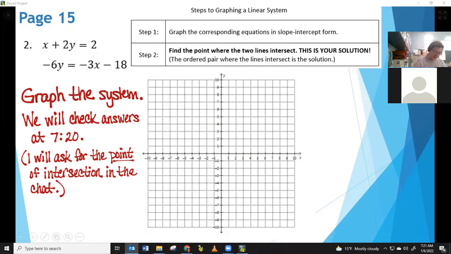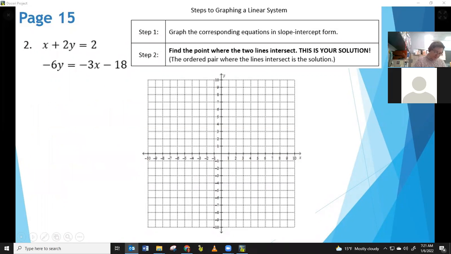So first thing I want to do is put both of these equations into slope-intercept form. Are either of these equations in slope-intercept form right now? Nope. All right. So let's take the top one. We'll put that one into slope-intercept form first.